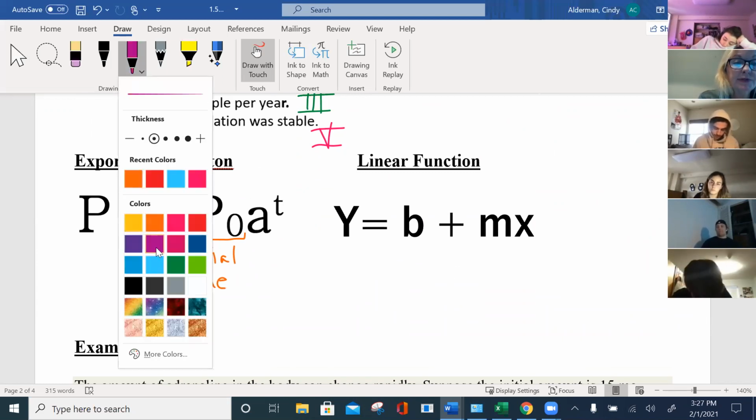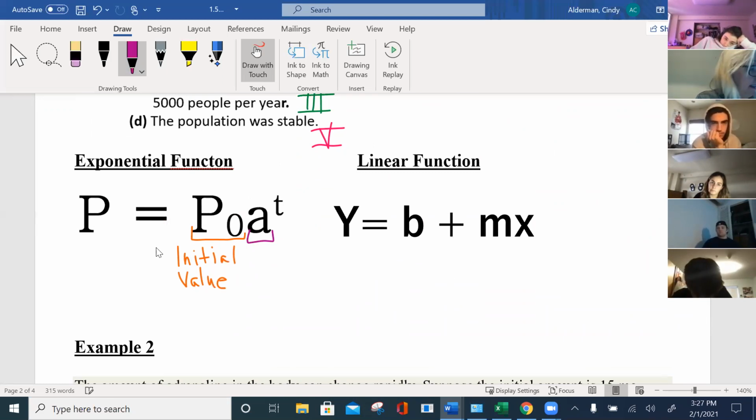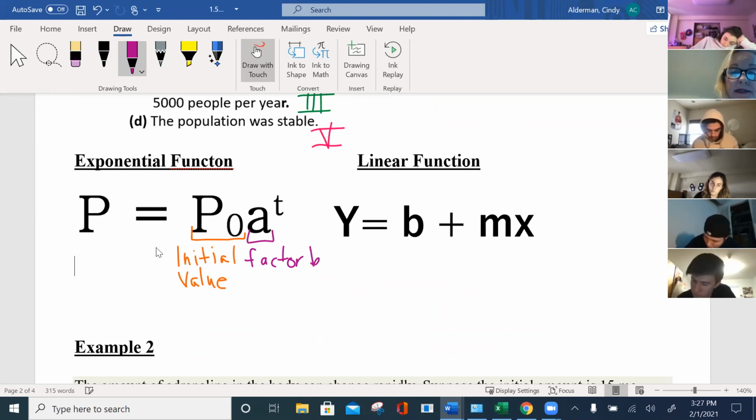This guy is the factor. This is the factor by which P will change.